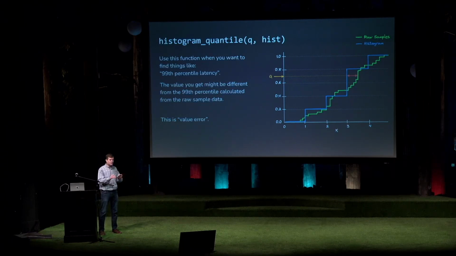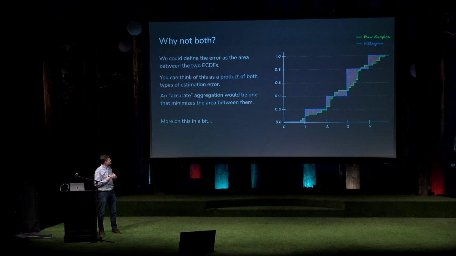If anyone has read the DDSketch paper, which is another type of histogram, the thing that they're optimizing for is relative value error and trying to minimize that. Or actually put it within known bounds. All right, what I did for my experiment, though, was something different. I actually looked at the area between the two graphs. And if you think about it, it's actually a product of the value error and the rank error combined. And so I like it for that.